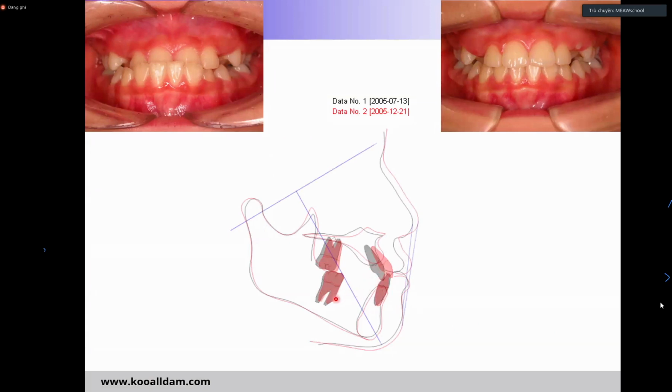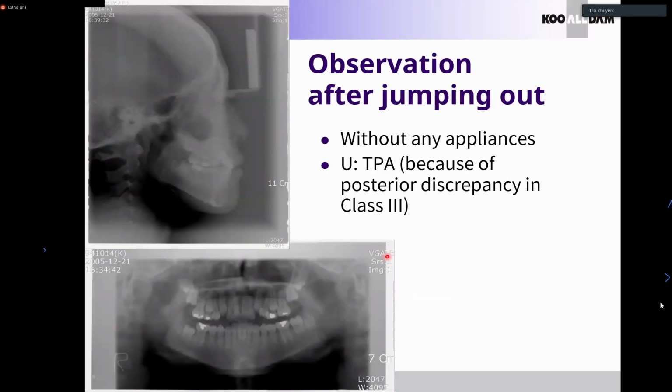During this time, we can see some maxillary forward movement. At that time, after jumping the crossbite, we may observe without any appliances.